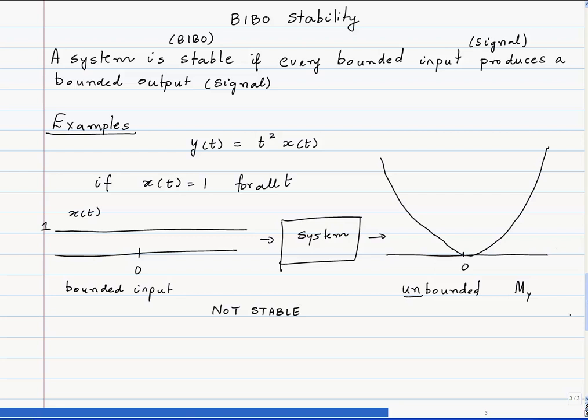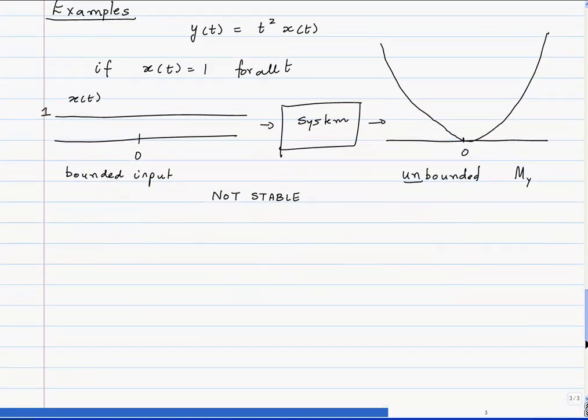So here is another example which I worked out in class, which some students seem to get confused about. So let me work it out here. y of t is e raised to x of t. Is this system stable or unstable?